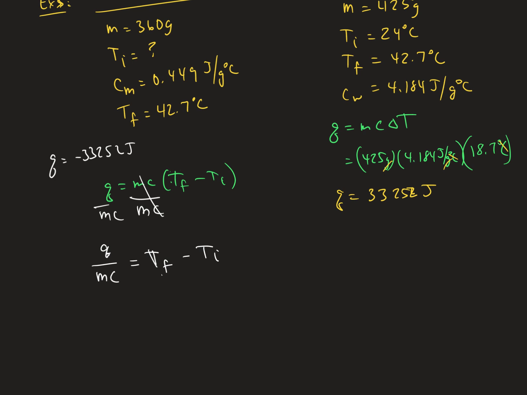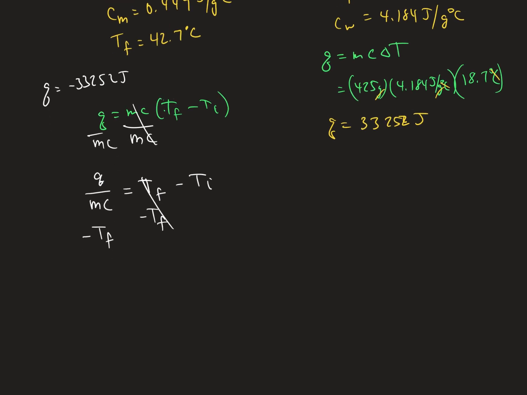Now what? We could subtract T final and then multiply everything by negative one. Okay, subtract T final from both sides. Then we've got Q over mc minus T final equals negative T initial. And then we're going to multiply both sides by negative one, or just change all the signs, right? You with me? Okay, so this is our formula.